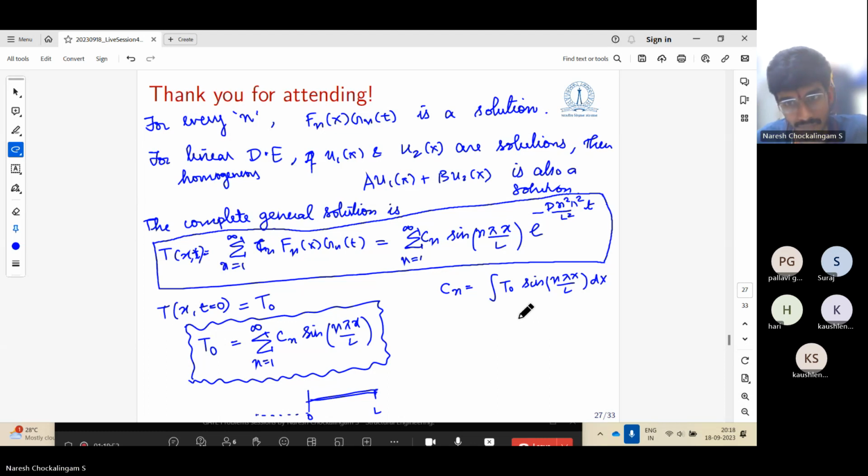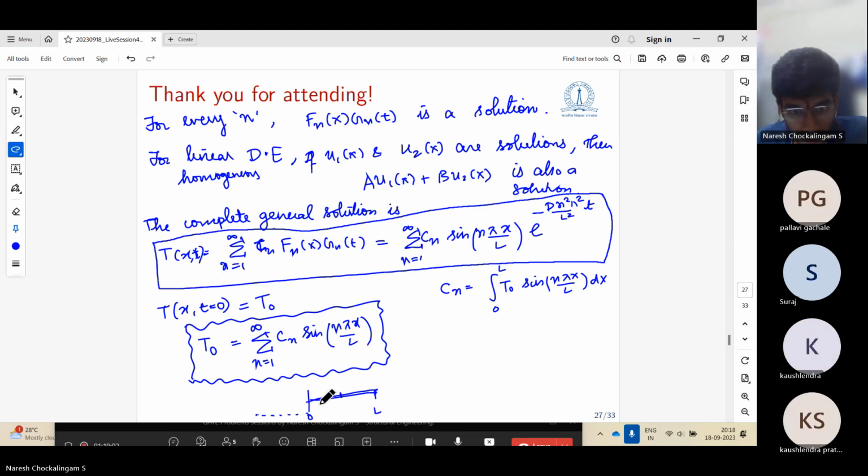So therefore, you can integrate this as integral 0 to L. So suppose this is a period, it is an L periodic function, then if it's an L periodic function, you integrate it from 0 to L. And here you will have period by 2.